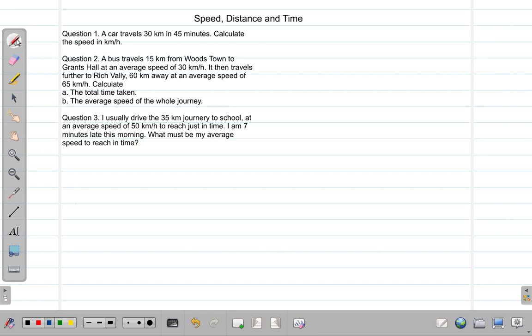So let's see. The distance is 35 kilometers. The speed is 50 kilometers per hour. So what is the time?